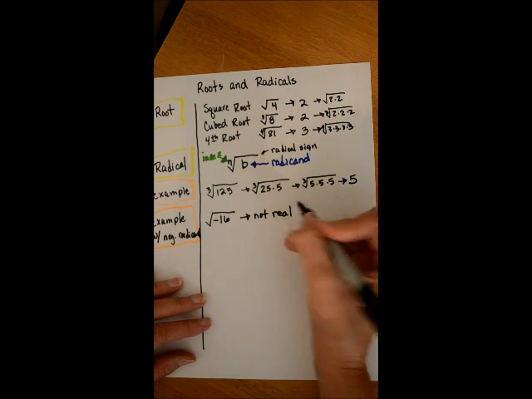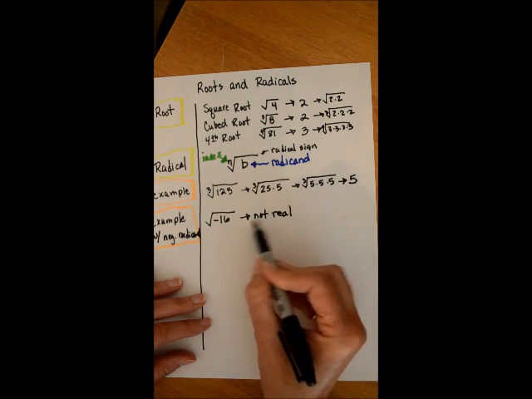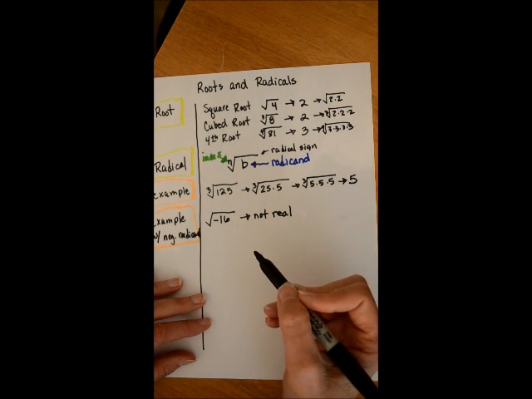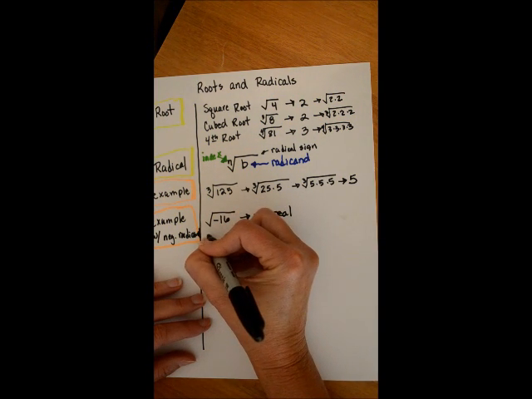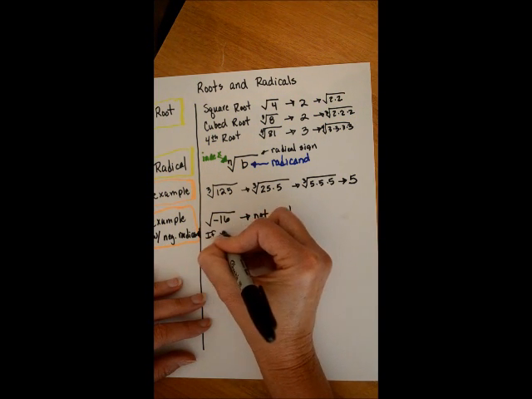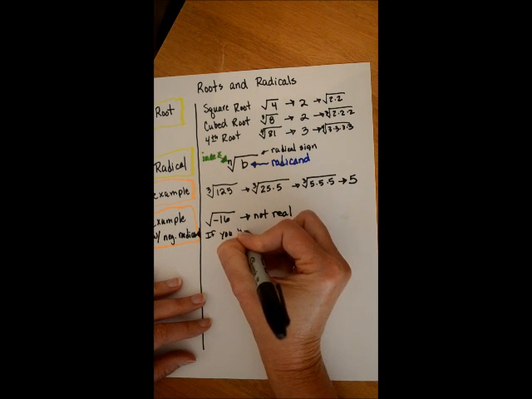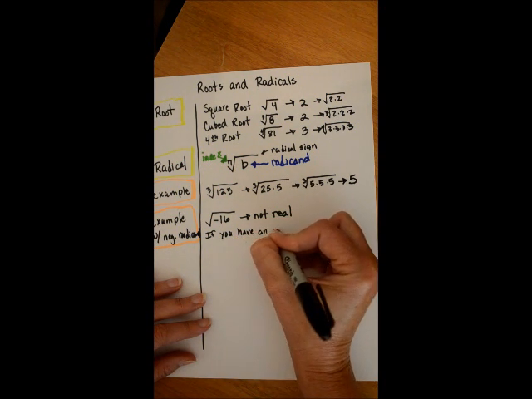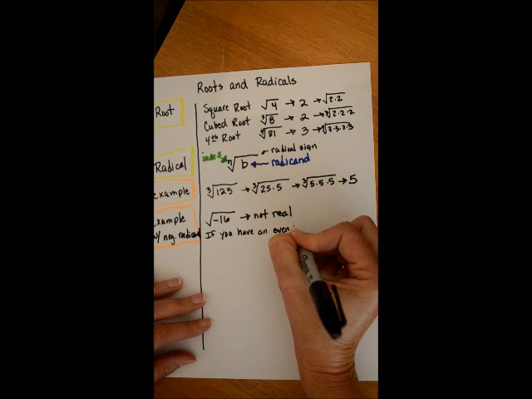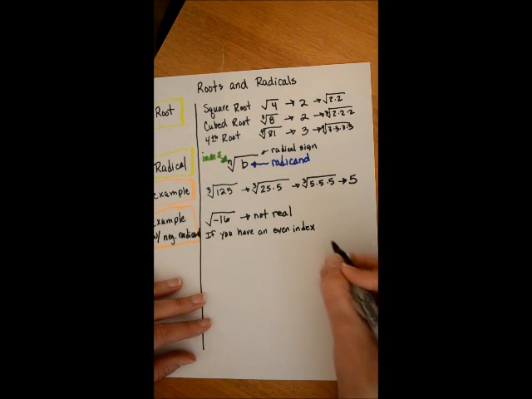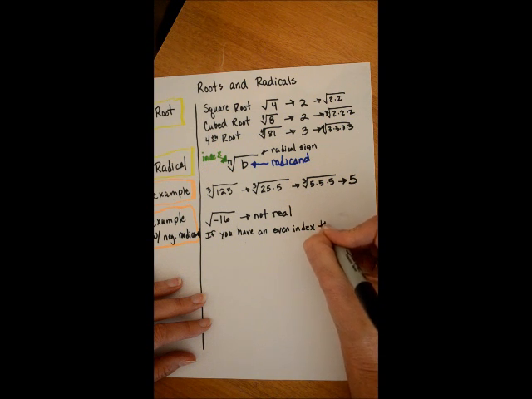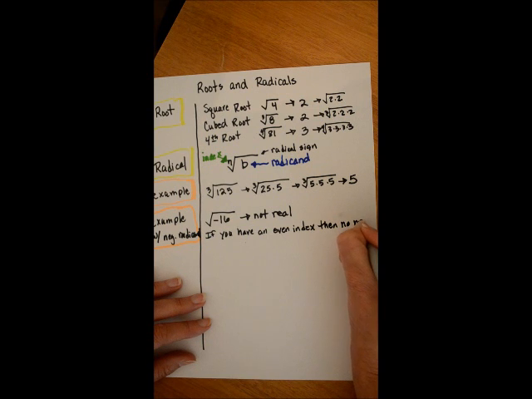Now, we do something with imaginary numbers, but this one in particular is not real. So if you have an even index, okay, if you have an even index, then no negatives.